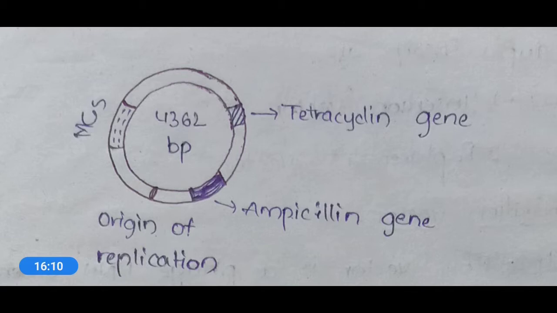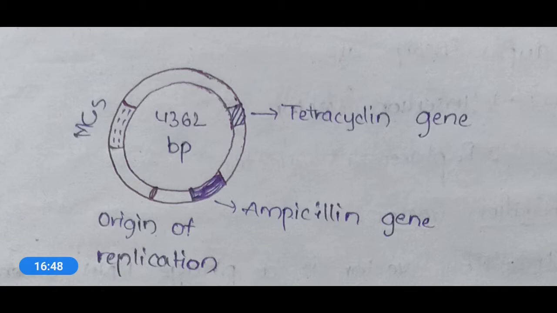These are the scientists who developed this plasmid, and on behalf of their names, pBR322 was given its name. It is a circular double-stranded plasmid DNA, and here if you see 4362 bp, that means 4362 base pairs are present in this particular pBR322 plasmid.